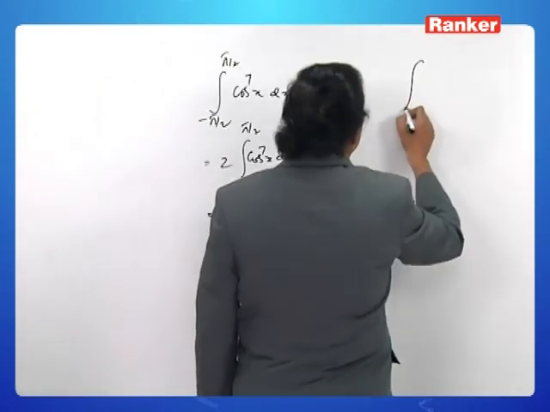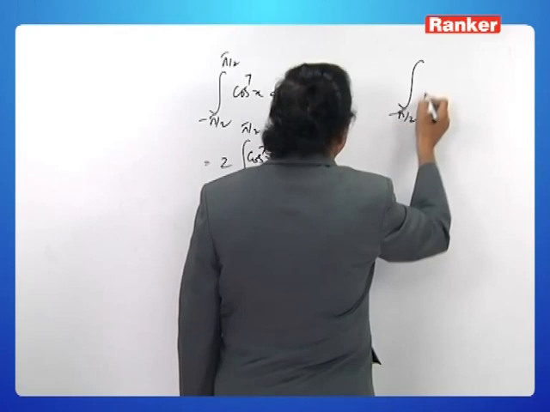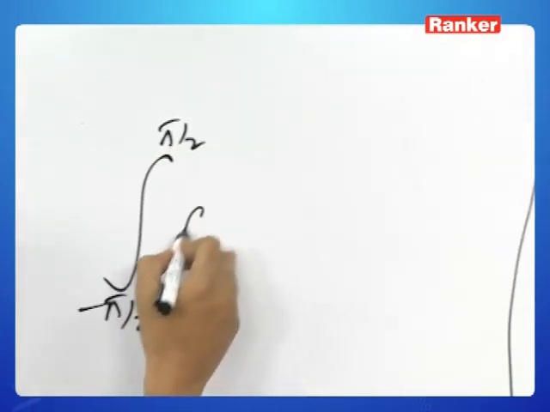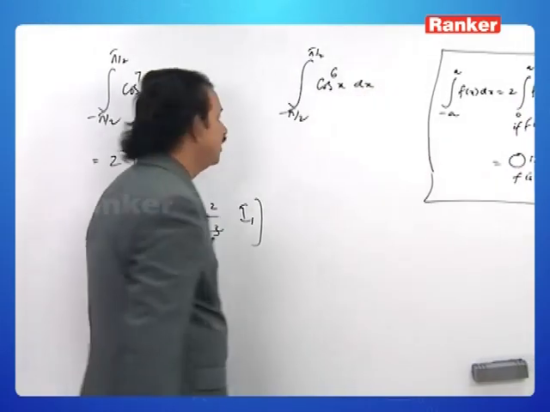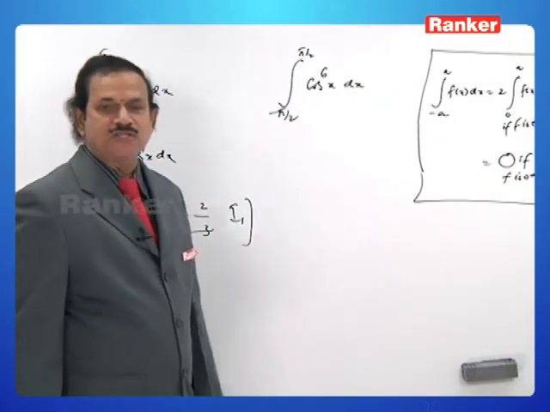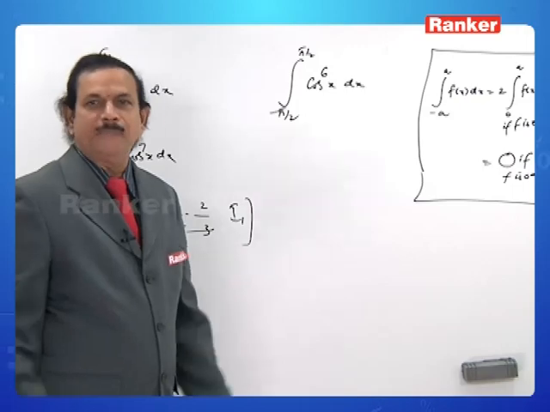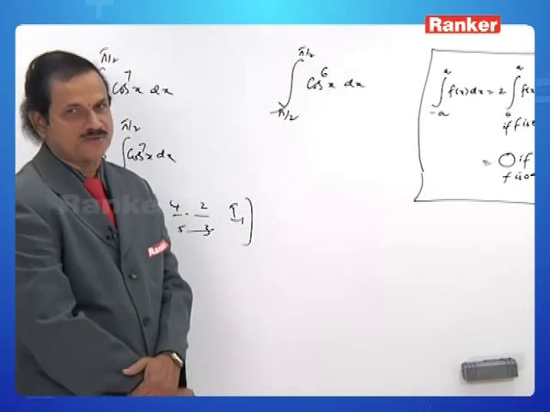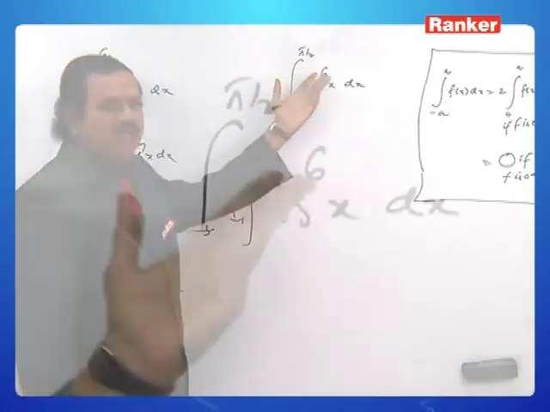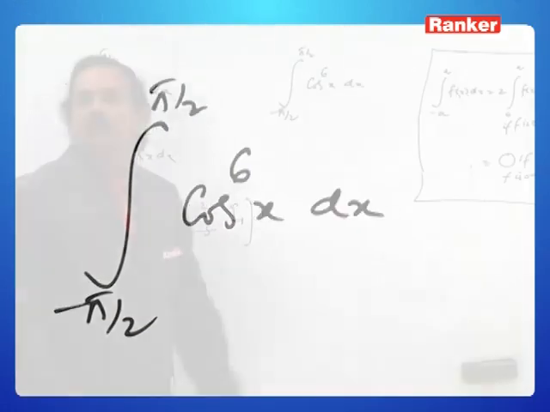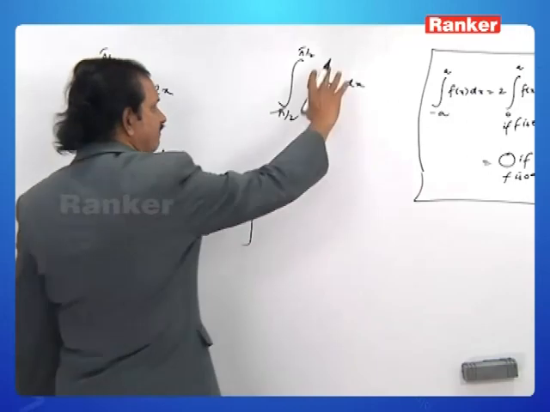Well, you observe another such question. Minus pi by 2 to pi by 2 cos power 6x dx. As and when you are dealing with the cosine function, basically cos x is an even function. Therefore, irrespective of the exponent attributed to that, either it is odd or even, no problem, it is an even function.